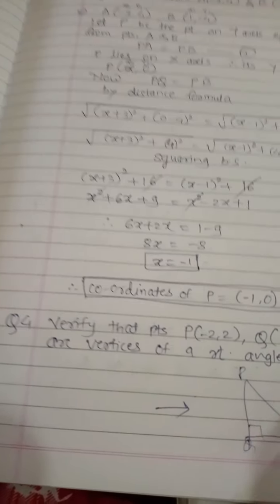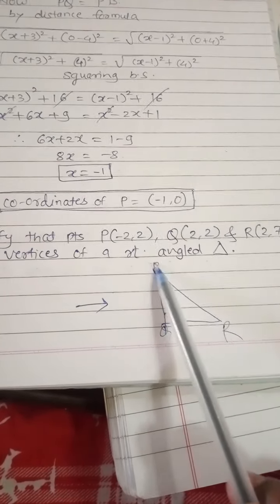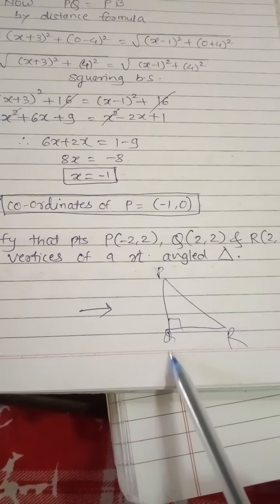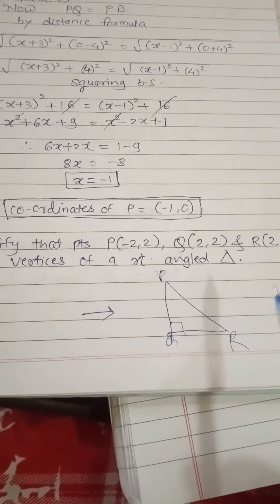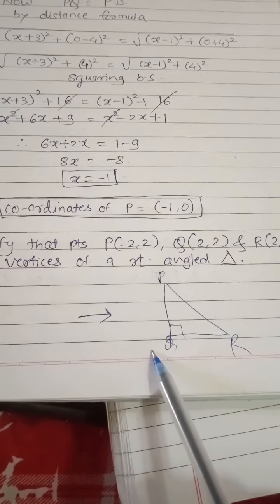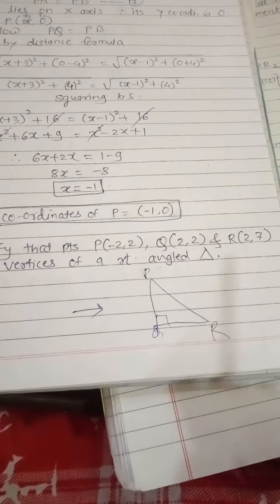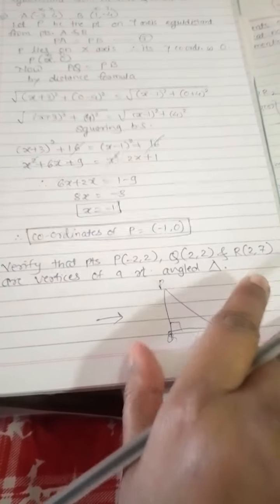So you have to prove that the square of the hypotenuse, this PR square, equals PQ square plus QR square. But we don't know which point is at the right angle, so we just have to find that the sum of the squares of two sides equals the square of the remaining side.